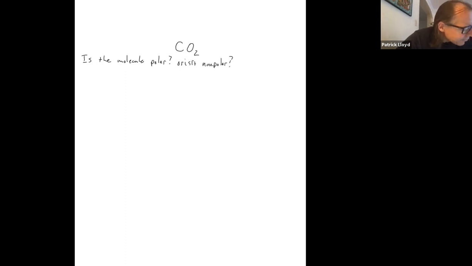Okay. Now, our starting point would be probably to draw the Lewis structure. And so if you add up all the valence electrons, 4 for carbon, 6 for each oxygen, so that's 16, but we've used 4. So we put lone pairs on the surrounding atoms.